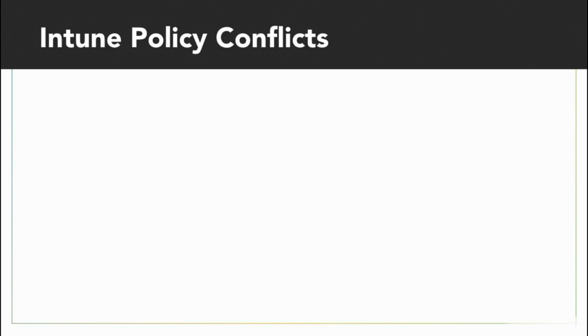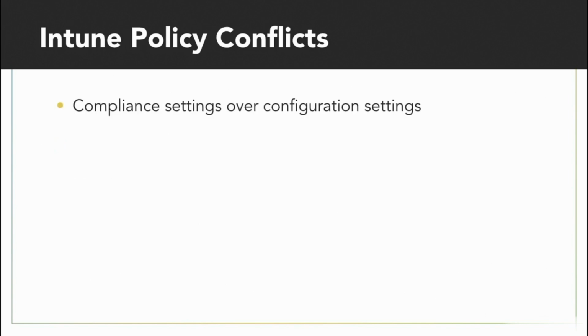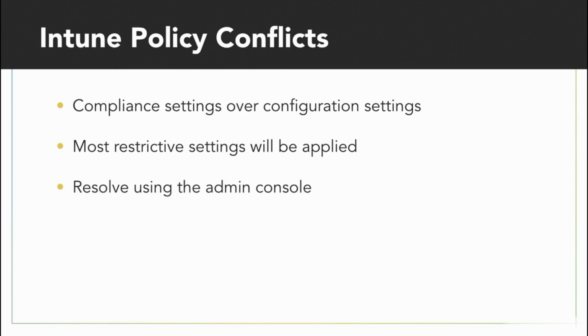A useful rule is that compliance policy settings always take precedence over configuration policy settings. I always remember this by thinking compliance is stronger than configuration. For conflicts within the same type of policy, the most restrictive policy setting will be applied. And finally, if multiple configuration policies conflict, you'll see a warning of this in the Intune Admin Center, and you must then manually resolve the conflicts.